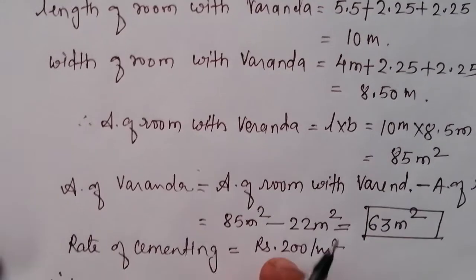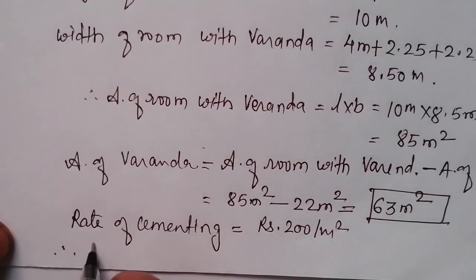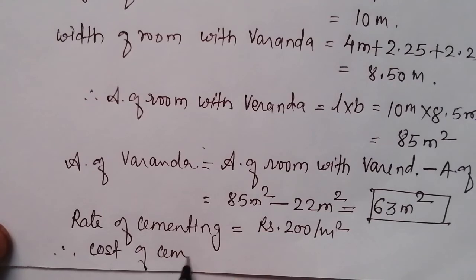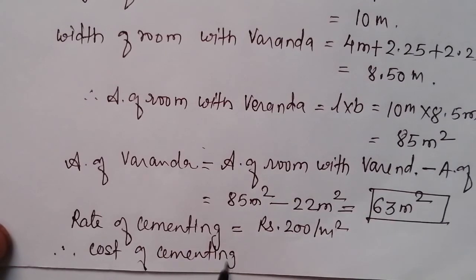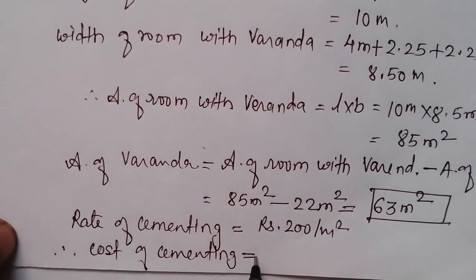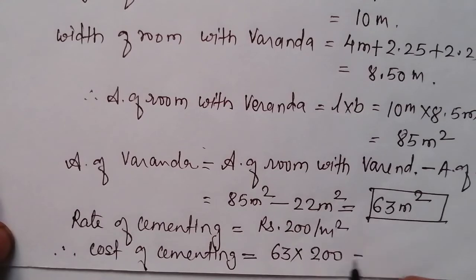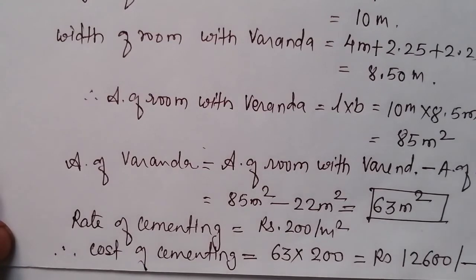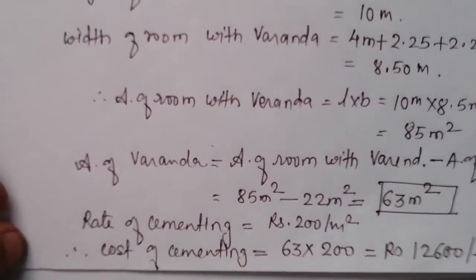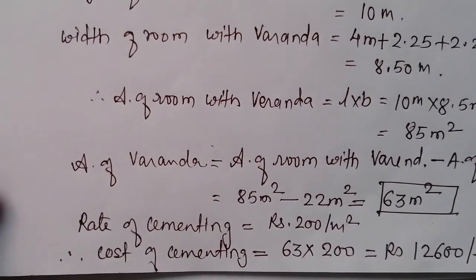Therefore the cost of cementing is equal to area multiplied by rate, right? That means it is 12600. This is the cost of the cementing of the veranda.